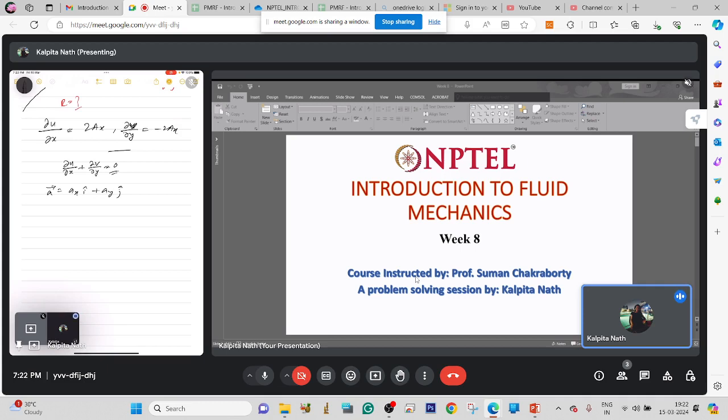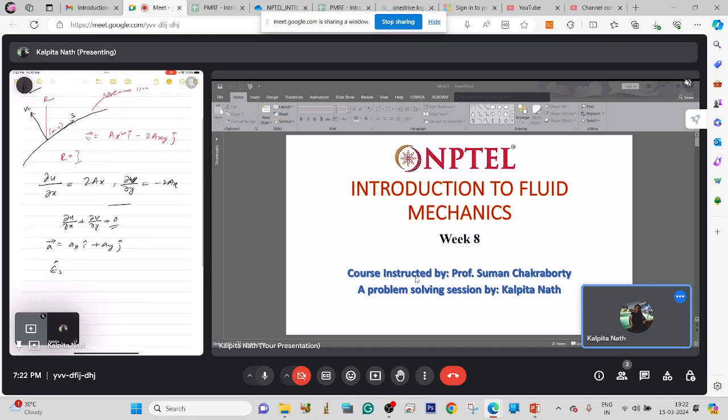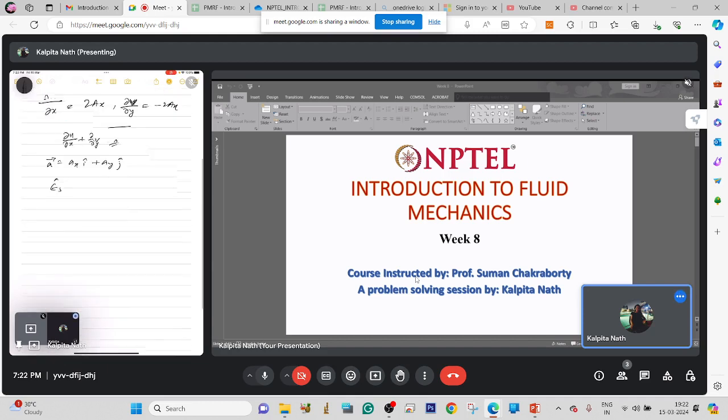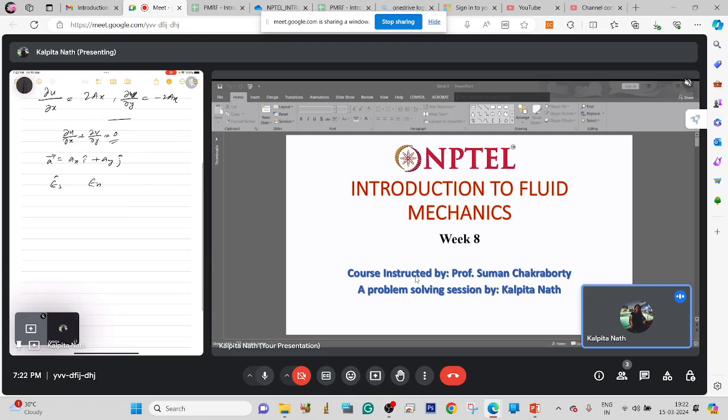We want to convert this x and y coordinate to the coordinate of the streamline system. The streamline coordinate system has a unit vector in the s direction and a unit vector in the n direction. So the acceleration will be as epsilon s cap plus an epsilon n cap. We need to convert this because we need to find the equation along the streamline.